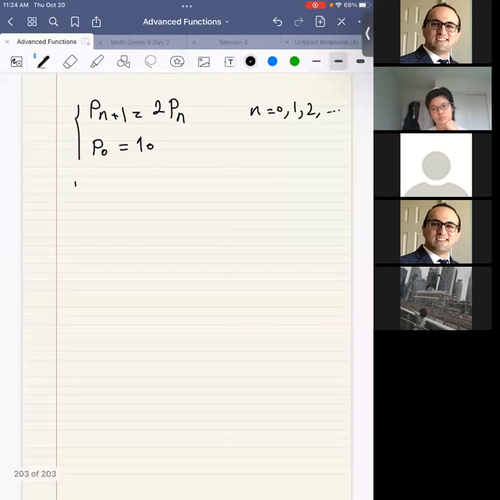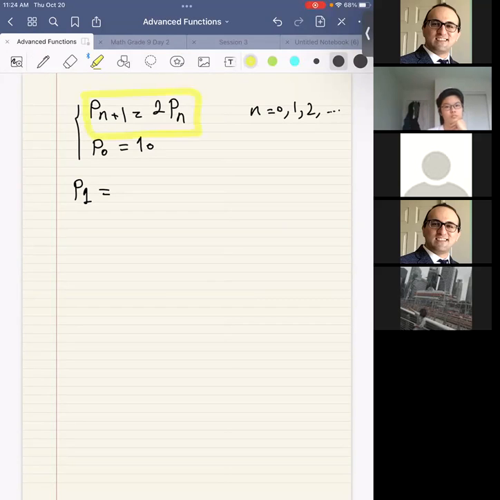So what is P1 if you apply this formula? Let n be 0 in the recursive formula.